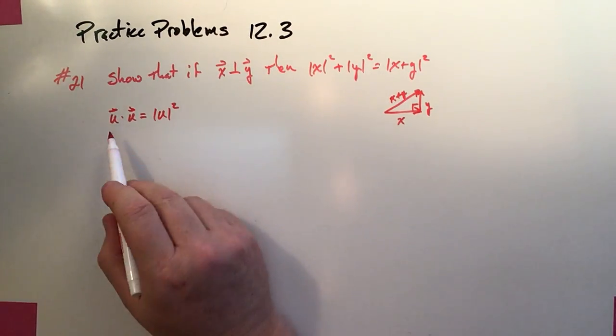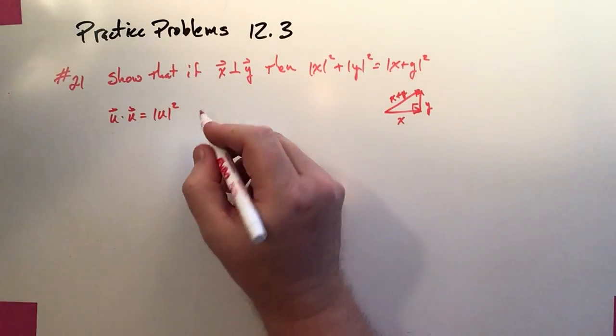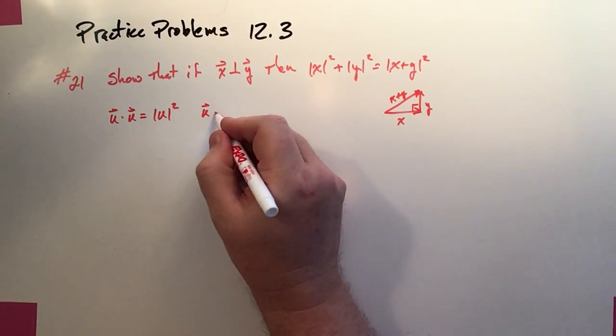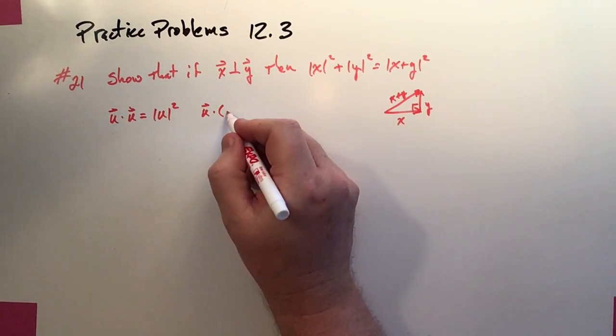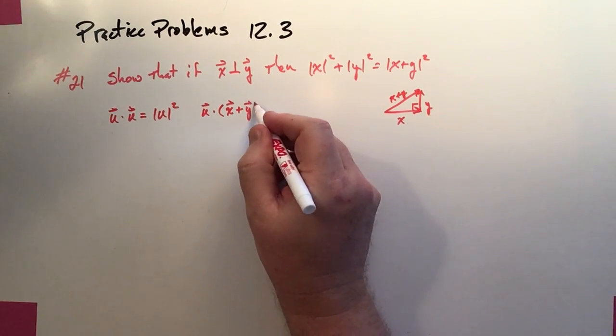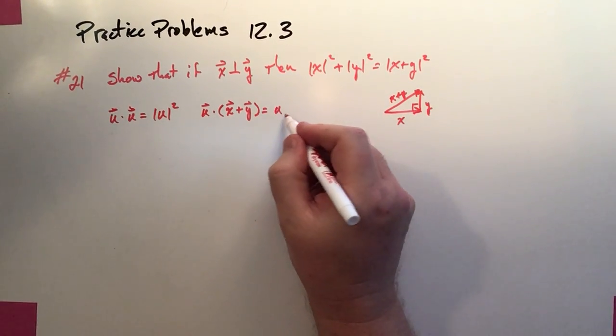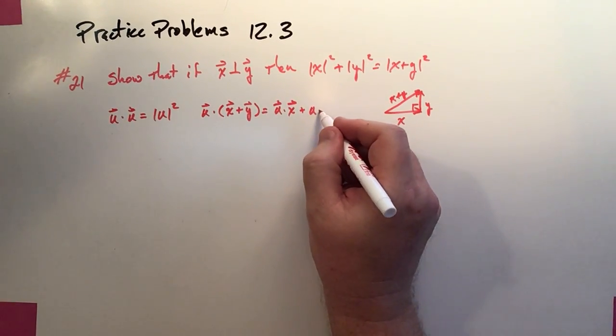The second part of theorem 12.3.5 we'll use is the fact that the dot product obeys the law of distribution. If I want to dot u with the sum of vector x plus y, then that's the same as u dotted with x plus u dotted with y.